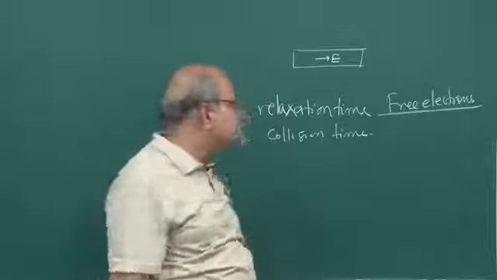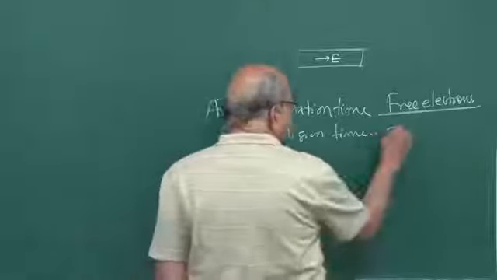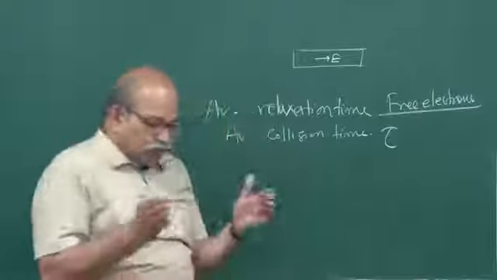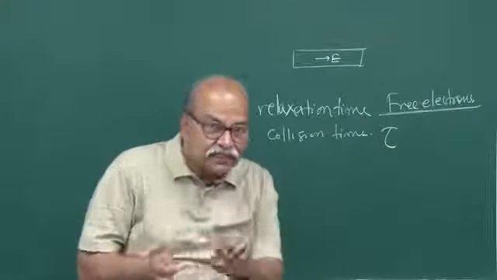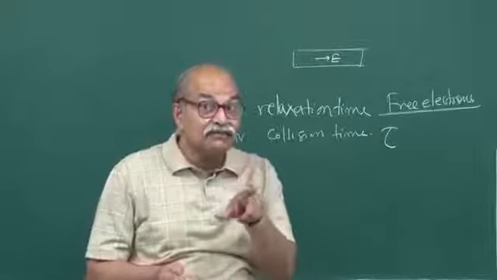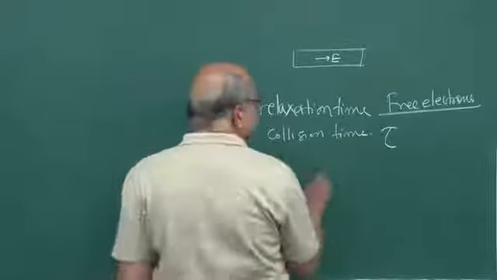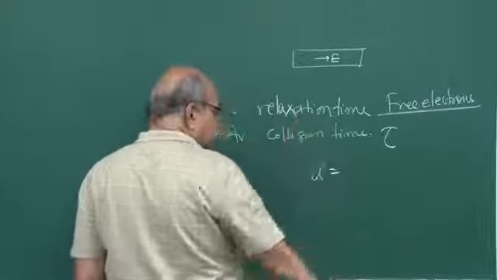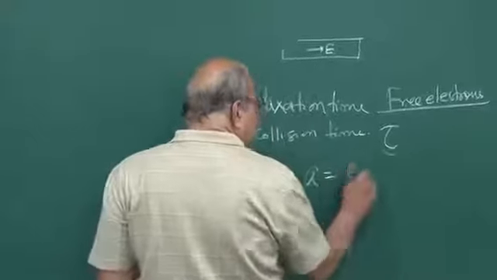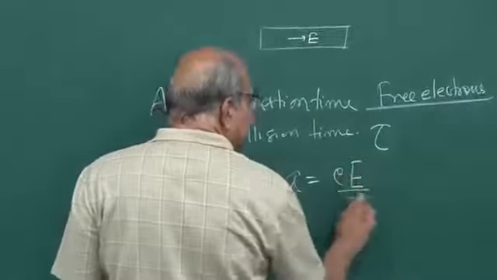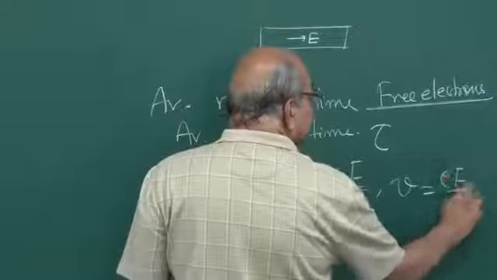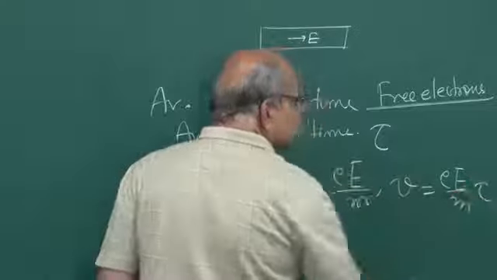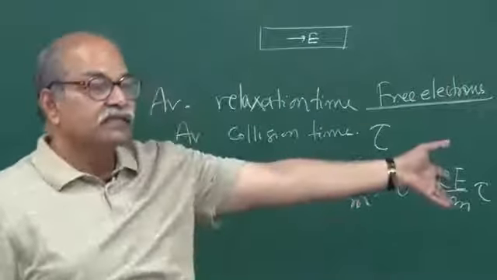So if the average collision time, which is the same as average relaxation time, after which it gets scattered losing its previous memory, is tau, then on the average for this time tau, this electron is responding to the electric field. Hence the acceleration, in a very classical model, is E by m, and the velocity is E by m into tau, the velocity it gains before it gets scattered.